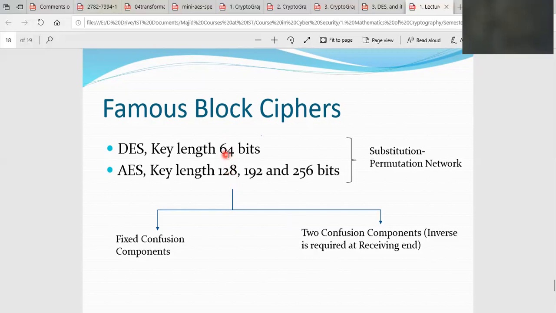If we are talking about the DES key length of 64, then there will be 2 raised to power 64 possibilities to attack, to retrieve your encryption key. But in case of AES, we have 2 raised to power 128 for a 128-bit key length, and 2 raised to power 192 and 2 raised to power 256.